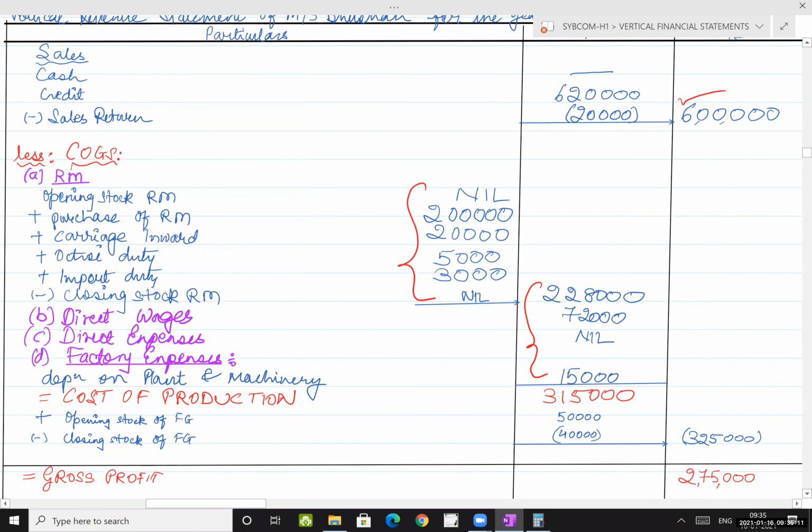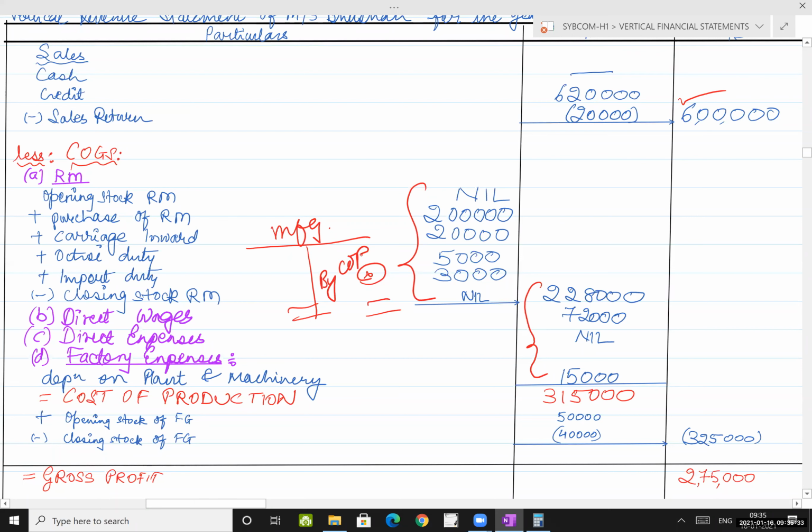Add opening, closing, finished goods. Okay. Yeah. Now remember students, जब हम मैन्युफैक्चरिंग अकाउंट बनाते हैं and when we close manufacturing account, the balancing figure is cost of production.